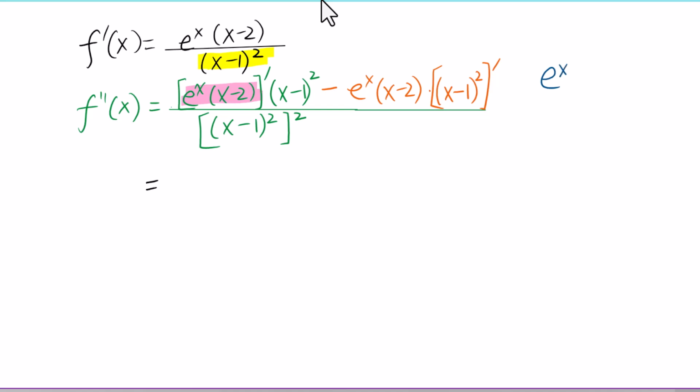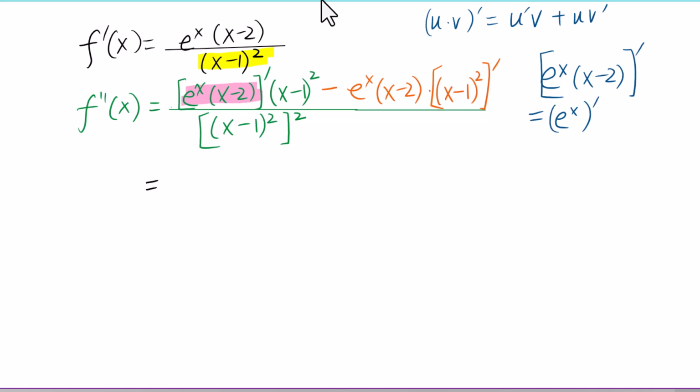(e^x times (x minus 2))'. We have to use the product rule: (uv)' equals u'v plus uv'. (e^x)' times (x minus 2) plus e^x times (x minus 2)' equals e^x times (x minus 2) plus e^x.